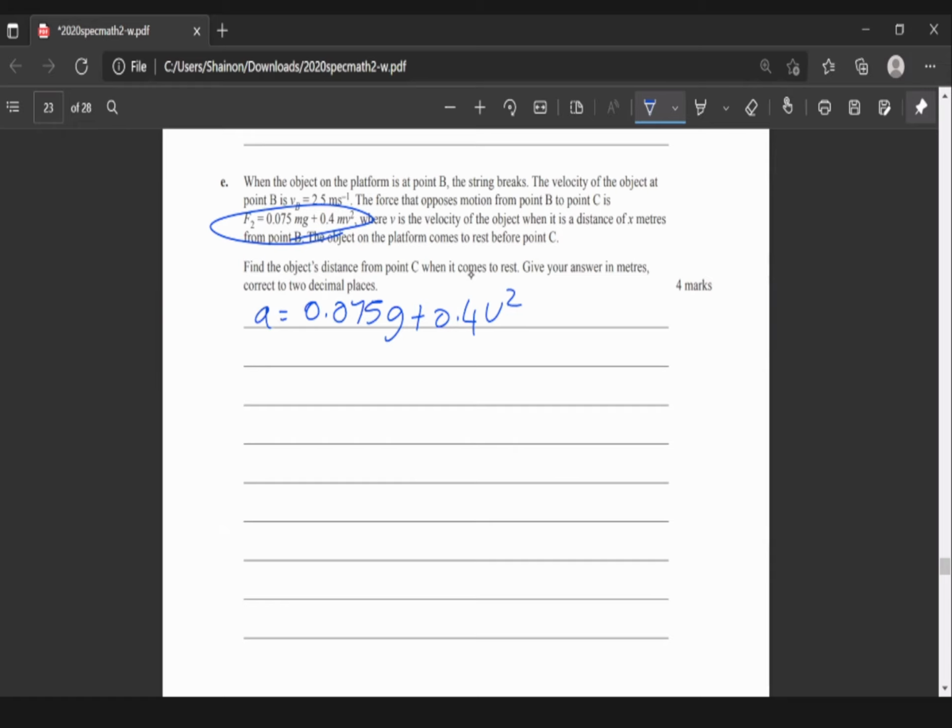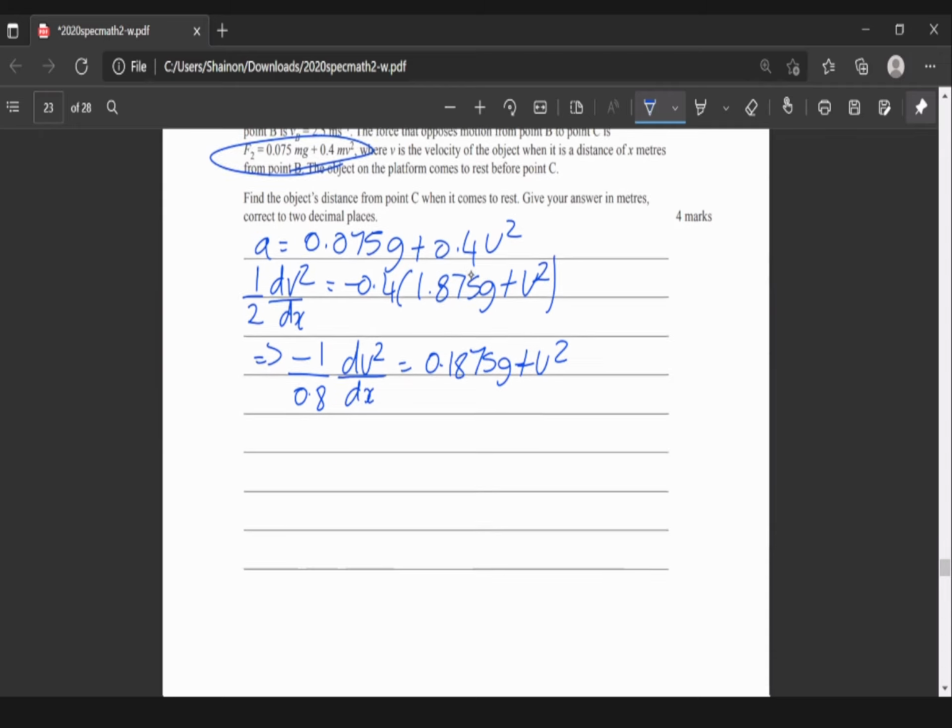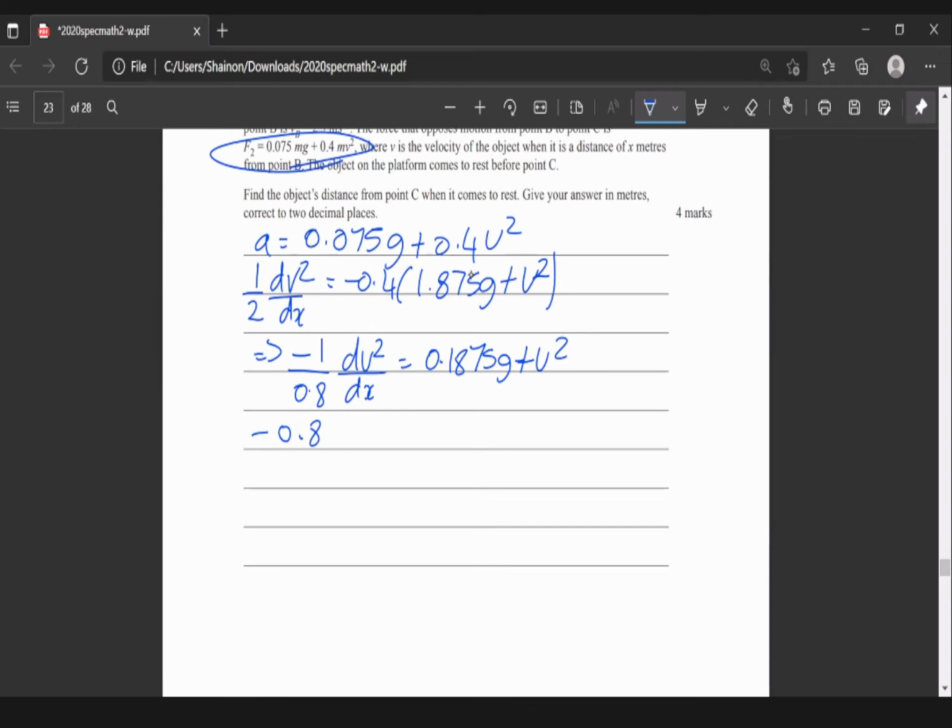Then we know that a equals half dv squared over dx. So half, negative 0.4, 0.1875g plus v squared. And that's going to be negative 1 over 0.8 v squared. So negative 0.8 dx over dv squared is equal to this.